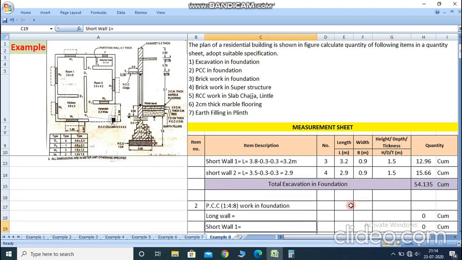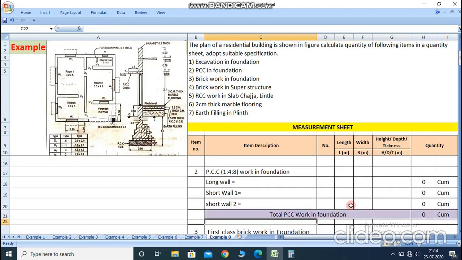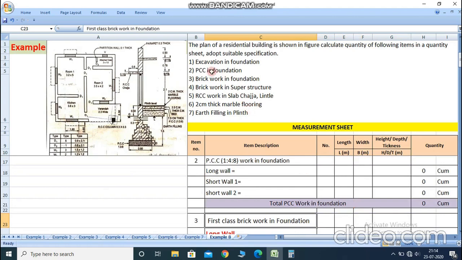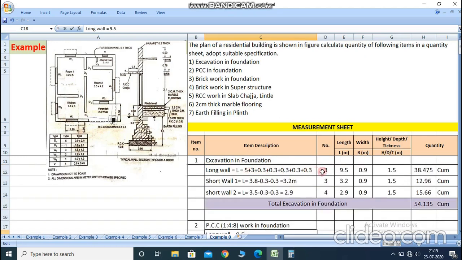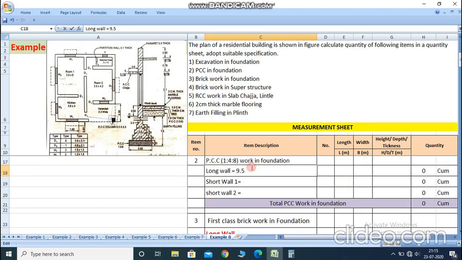Clear? Now after excavation, PCC work is required. So here the second thing is we find out PCC in a foundation work. For the long wall, we already calculated the length, 9.5 meter, in this first case, excavation for foundation.